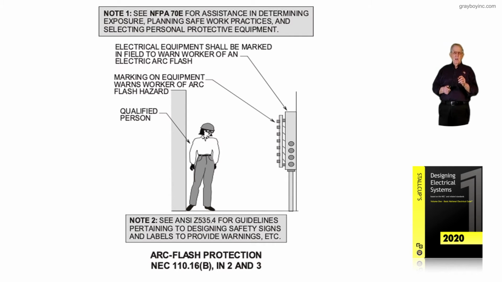Now, given above, we have the MVA is 11. We have the constant 53 that is used times the clearing time of the overcurrent device, which was a half cycle, 0.0084 seconds.